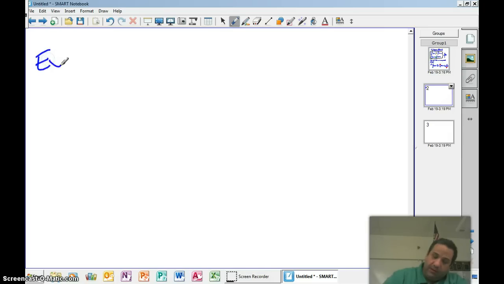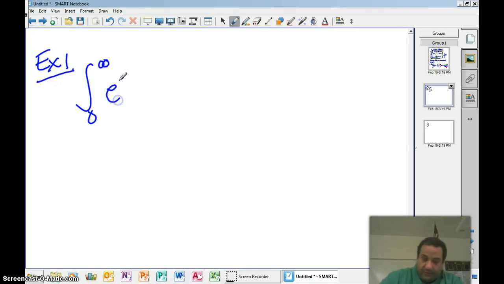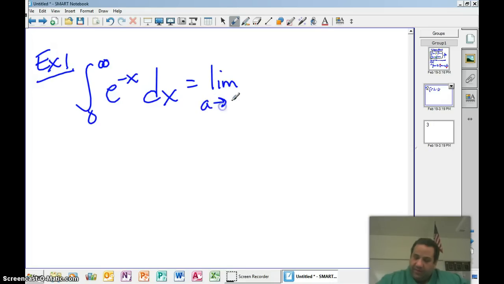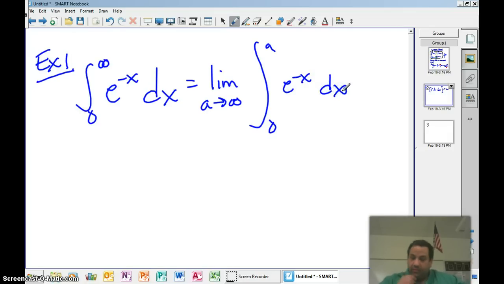Example number 1. They're not done already for me. Isn't that crazy? I'm actually doing this one live. All right, here's one of them: the integral from 0 to infinity of e to the negative x. Well, I'm going to say that's the limit as a goes to infinity of the integral from 0 to a of e to the negative x dx. You know the integral of that is negative e to the negative x.